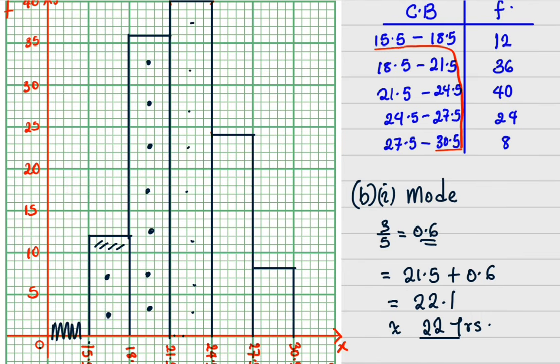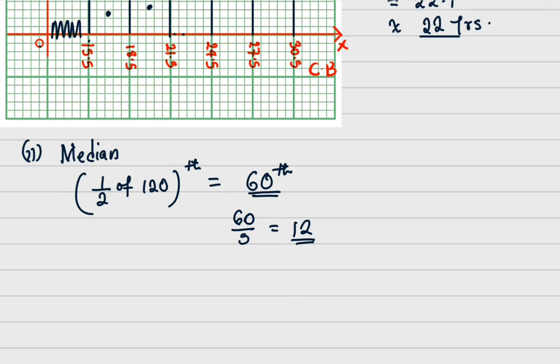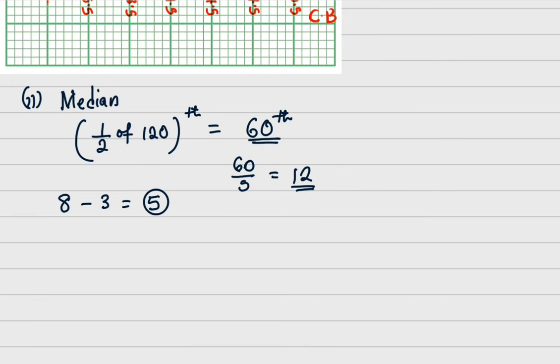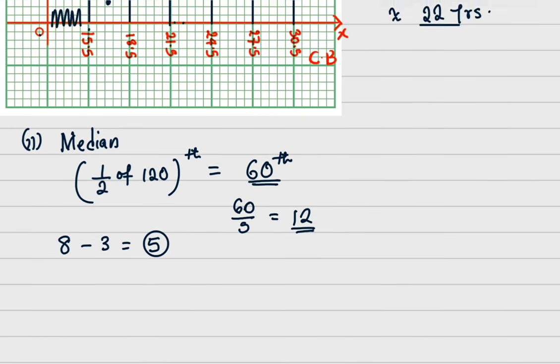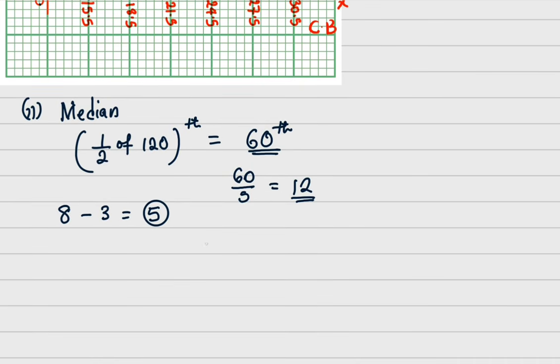So what will I now do to get the 3 more that I need? This is how you do it. You come here, the next bar has 8, and you actually need 3 out of it. So if you subtract 3, you have 5. Since we have 5, how can we now get the 3? What we'll do is 3 over what? 5, which is going to give me 0.6.